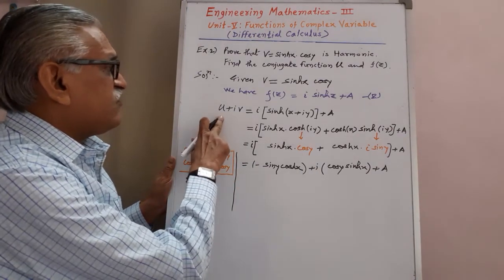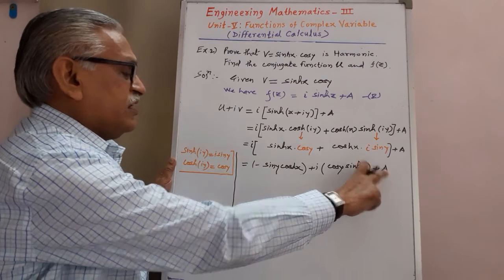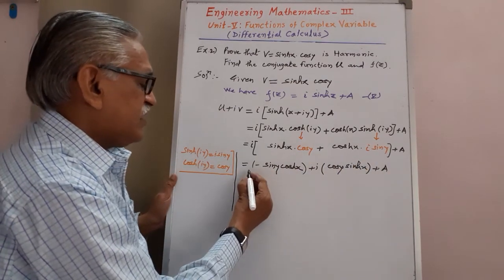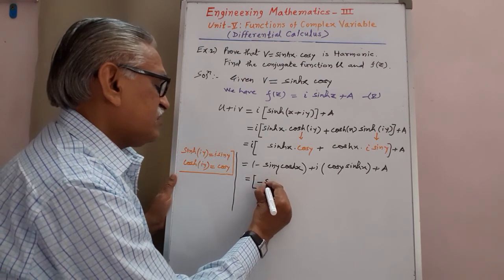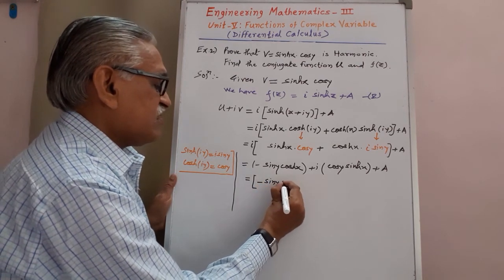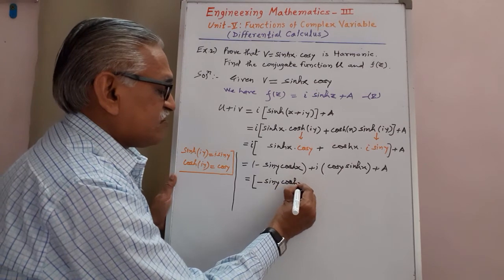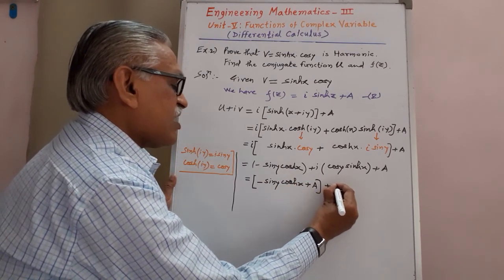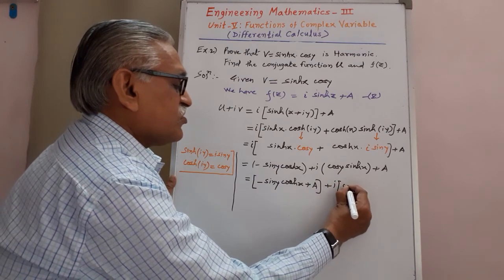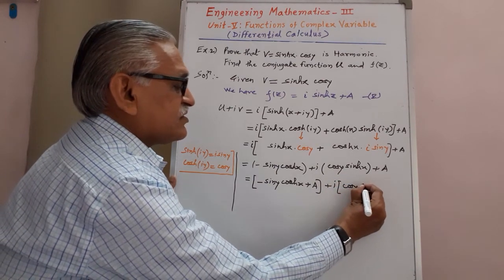Here we require to find the value of u, therefore this constant a we add with that real part, and therefore that real part is minus sin y cos hx plus constant a, plus i times cos y sin hx.